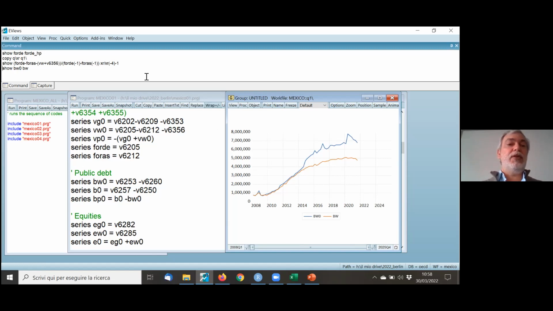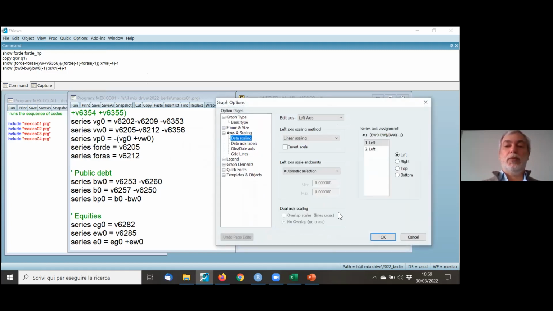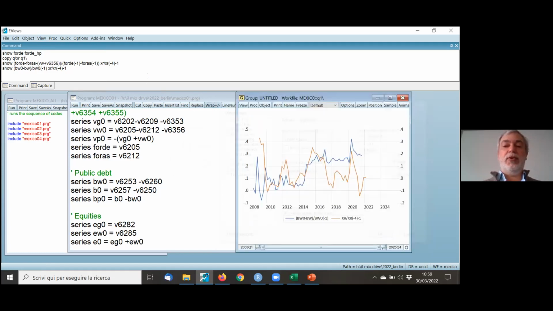So let's see what happens if we again take the gap between the two, as a percentage of the previous period, and we compare this to the exchange rate change. Here I'm using two scales for the two variables.